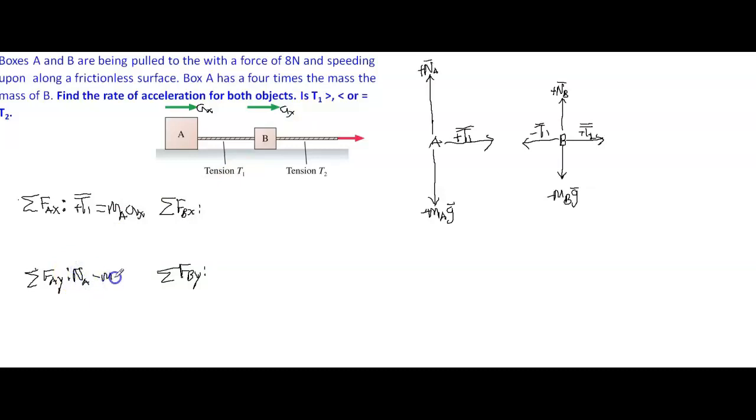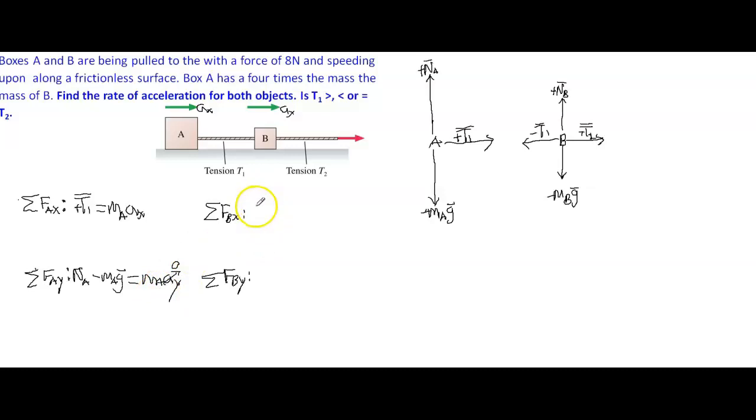It's got mass times gravity down. And I'm going to set this equal to mass times acceleration in the y direction, but in this case, there is no acceleration in the y direction, so that acceleration is 0.